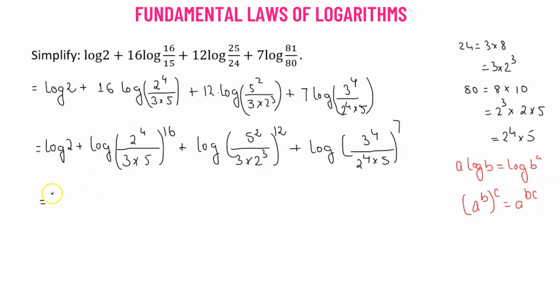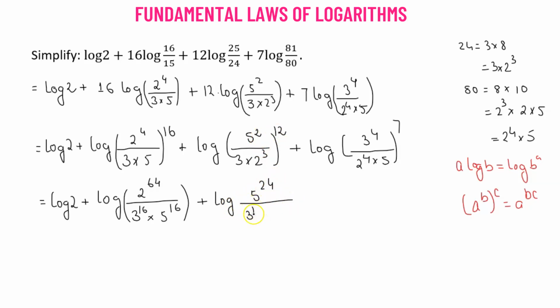So that means we will get log of 2 plus log of 2 raised to the power of 4 times 16, so that will be 64, divided by 3 raised to the power of 16 times 5 raised to the power of 16, plus log of 5 raised to the power of 2 times 12, so that's 24, divided by 3 raised to the power of 12 times 2 raised to the power of 3 times 12, which is 36, plus log of 3 raised to the power of 4 times 7, so that's 28, divided by 2 raised to the power of 4 times 7, so that's also 28, times 5 raised to the power of 7.